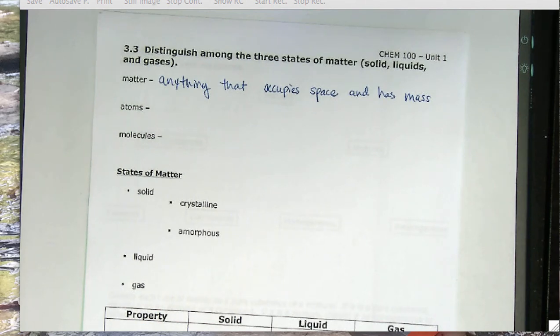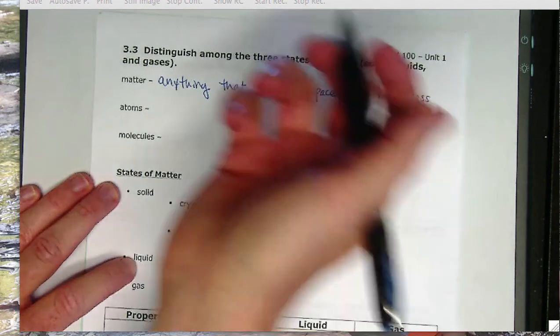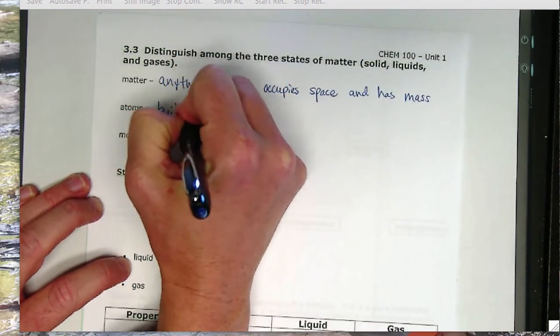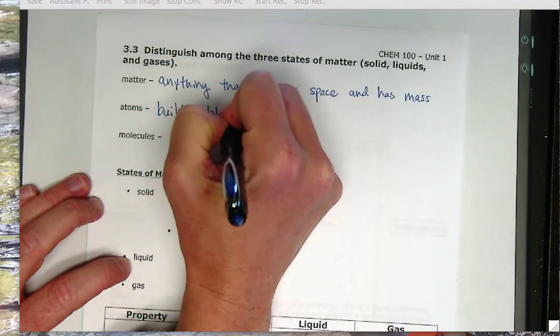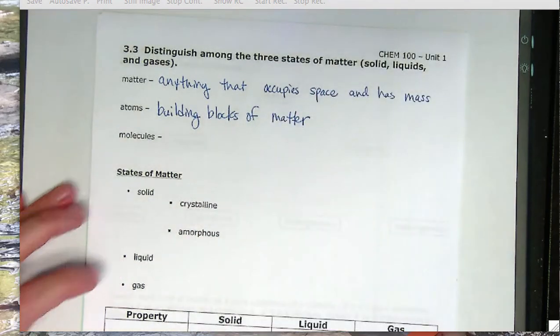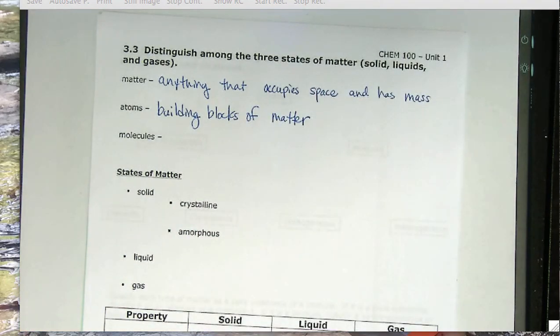Atoms are the building blocks of matter. So anything that you see has matter. You're made up of atoms. This desk, floor, the door.